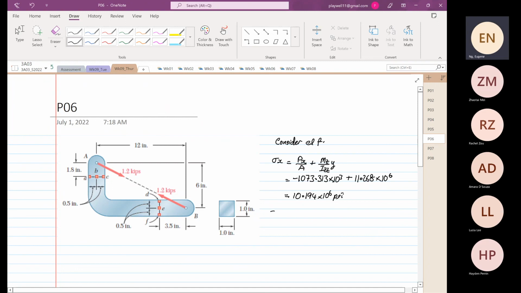And we know that the shear is equal to 0. So when we draw the element, this is going in the tensile direction, 10.194 times 10 to the power 6.